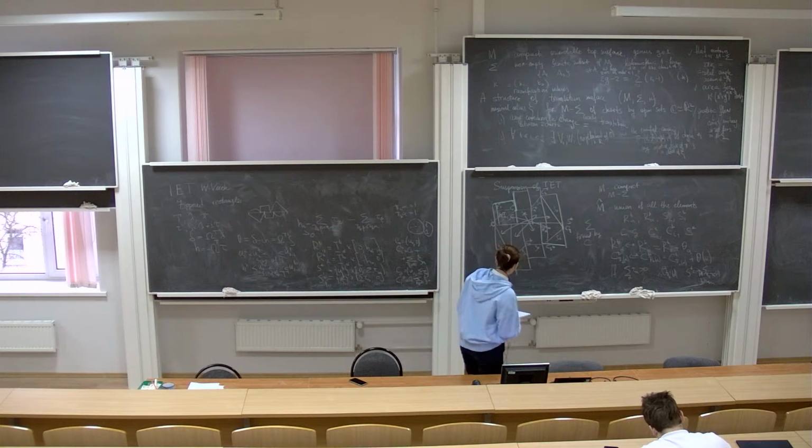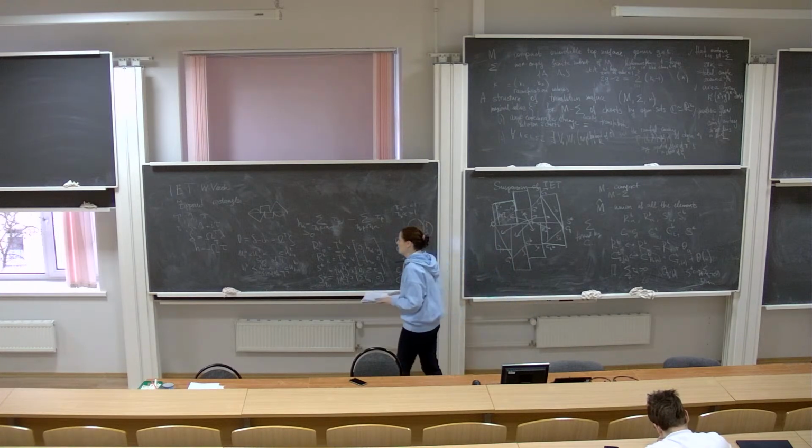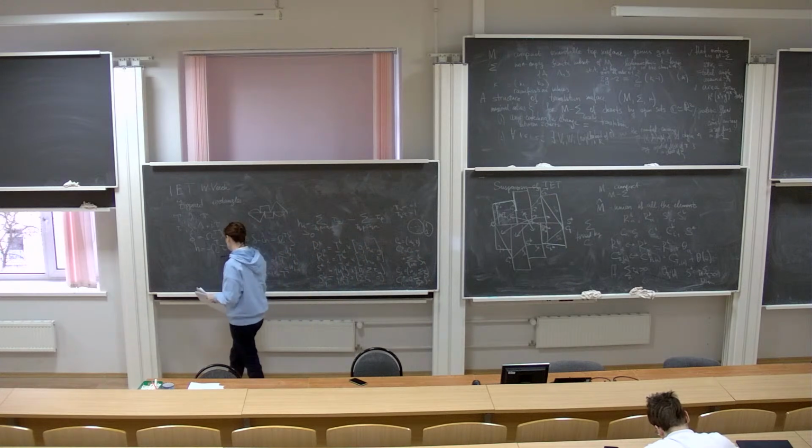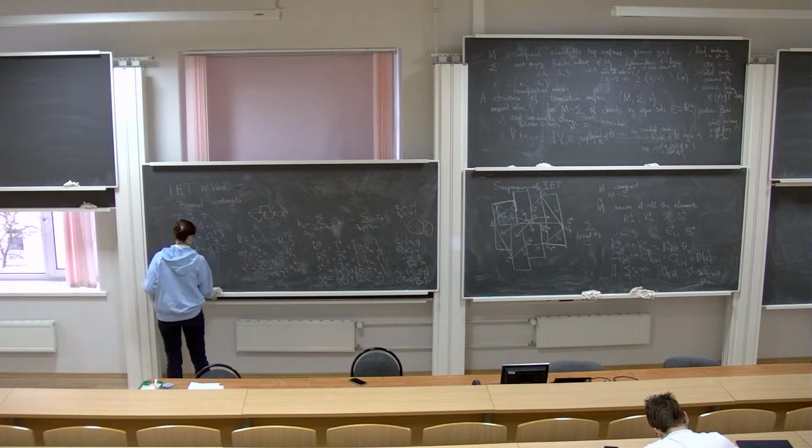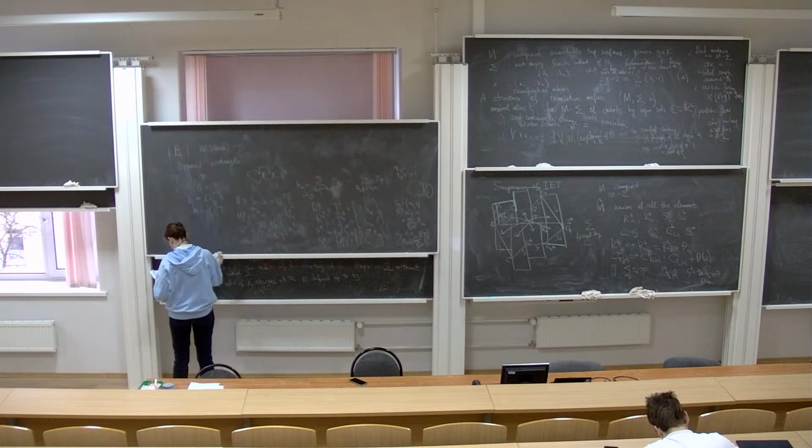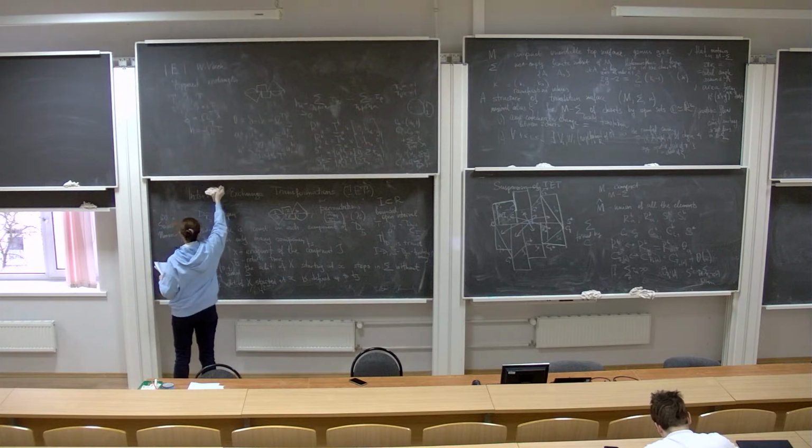So we discussed everything except what's going on in the singular points. So let us go to this part, and discuss the ramification indices and the ramification numbers.